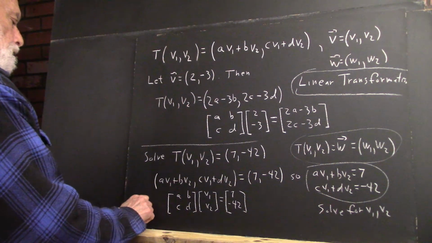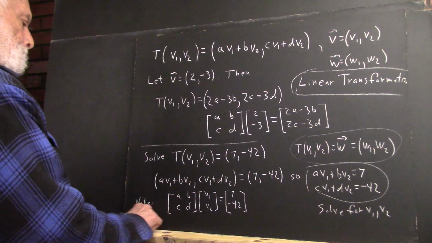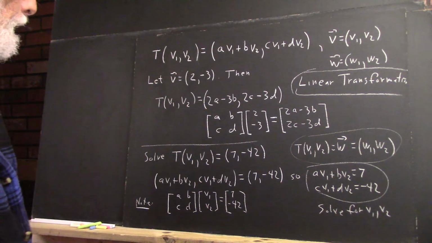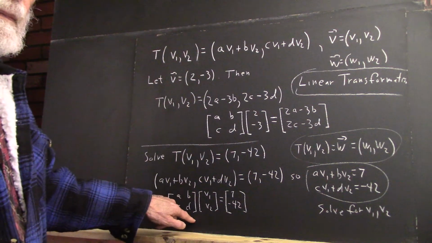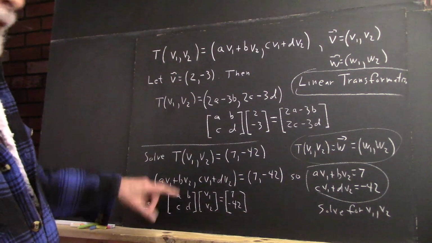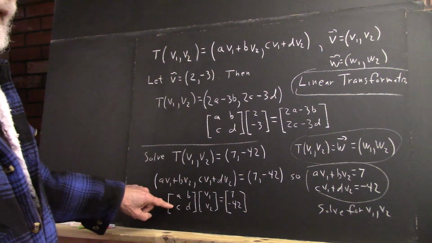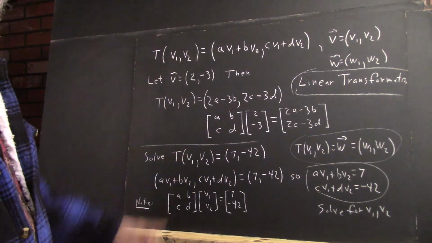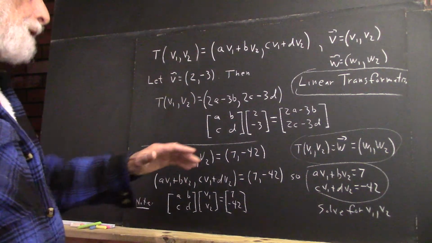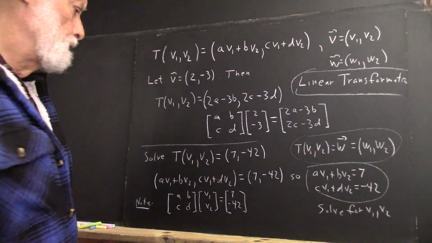And I'll just say note this. And this is uniquely solvable if and only if this matrix [a, b; c, d] is invertible. Now all this we know. Now let's go to specific examples.